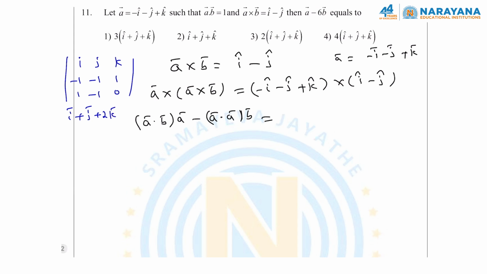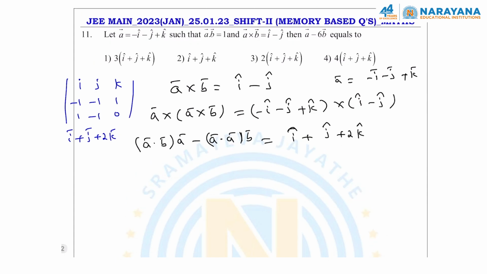So this side we are getting i cap plus j cap plus 2 k cap. Now a bar dot b bar is given, so a bar dot b bar is 1, so a bar minus a bar dot a bar, which is nothing but mod a square, so mod a square is nothing but 3, so 3 b bar is equal to i cap plus j cap plus 2 k cap.